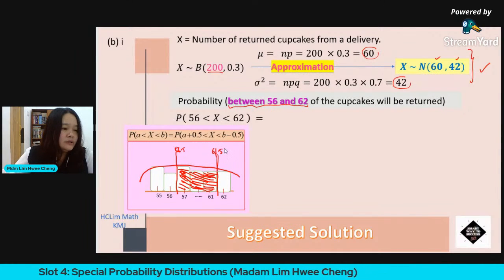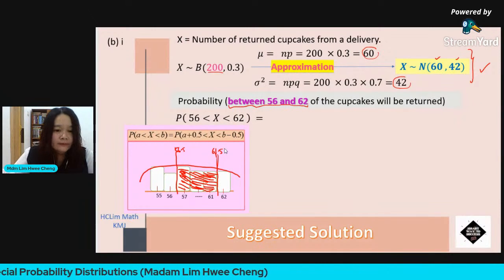I do the correction of continuity at 56.5 to 61.5.